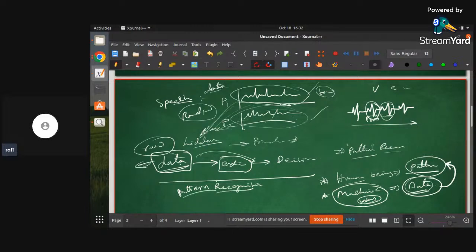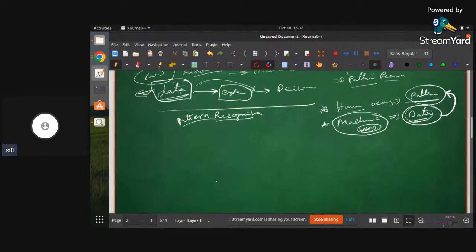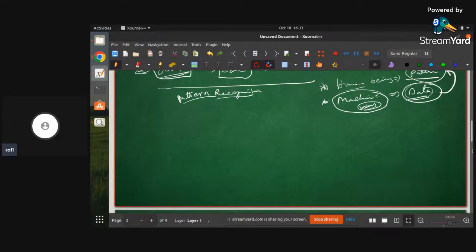And then we have many models that can extract patterns from the data: statistical math models, neural network models and all these things that we'll see. The entire course is about how we do pattern recognition so that machines can perform tasks like recognizing speech, face recognition, or estimating or predicting the climate.